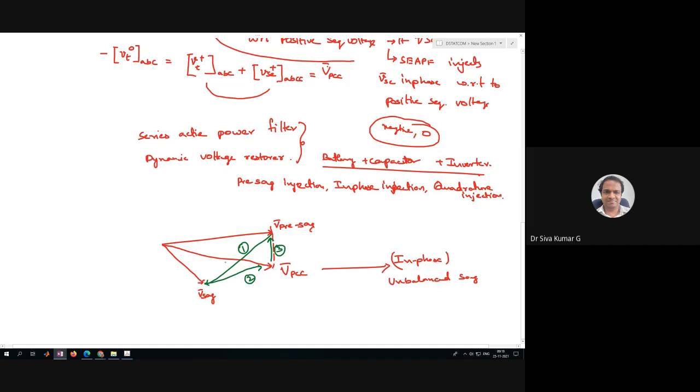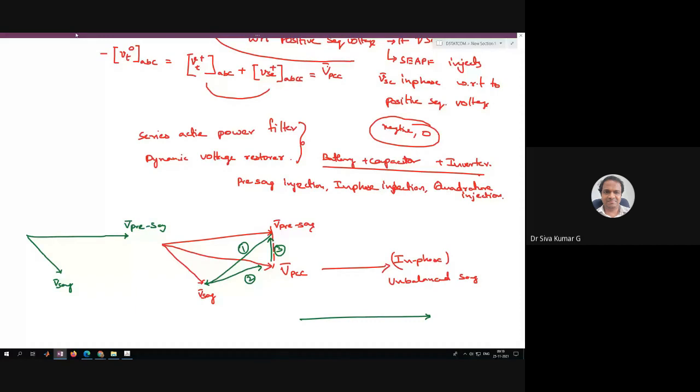Suppose you try to inject the pre-sag compensation. I'll just make it out here. This is the pre-sag voltage, and then there is a sag voltage, V sag. If you inject this way, obviously the first zero crossing is going to change.